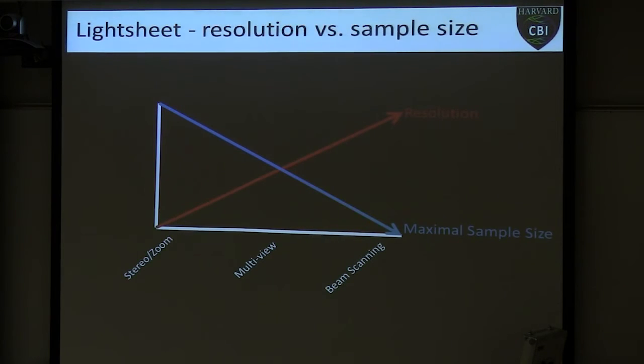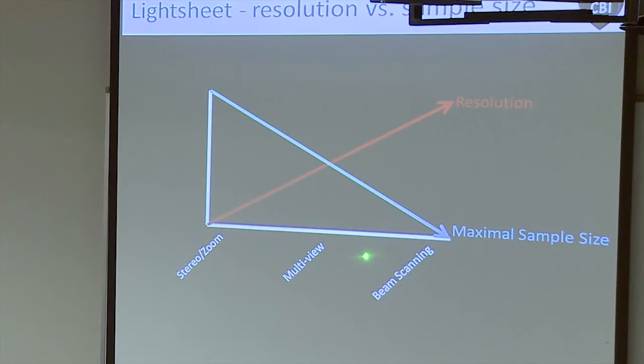Okay. So the other thing to keep in mind, besides that relationship between X and Z, is the relationship between resolution and maximal sample size. So the higher the resolution of your light sheet system, the smaller the sample is going to be that you can get into it. Okay?